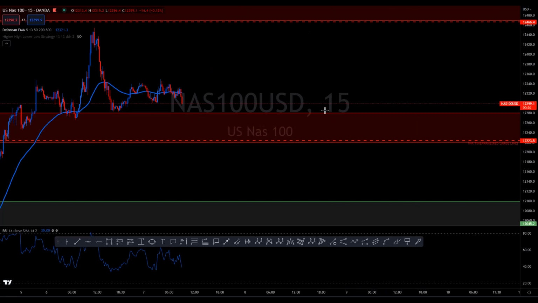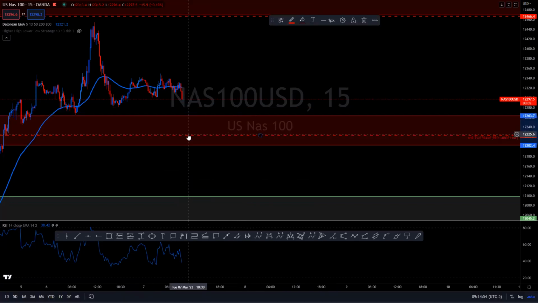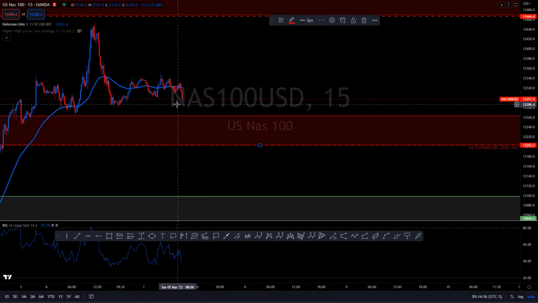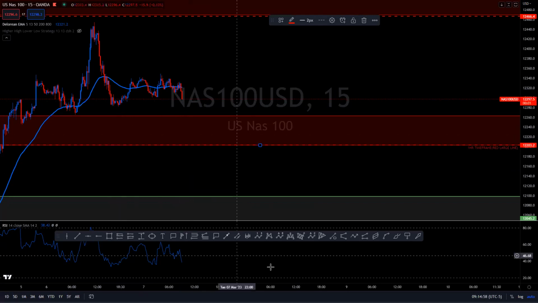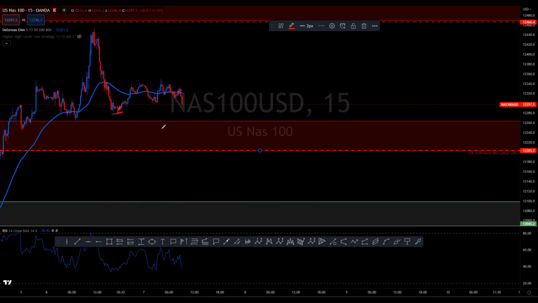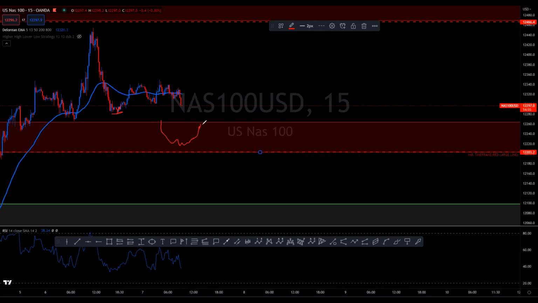All right, so we got about 15 seconds until the 9:15 candle closes. It's a possibility that the price could sell, maybe fill all this imbalance here, maybe break this structure, and then do a swing low, and then go up.